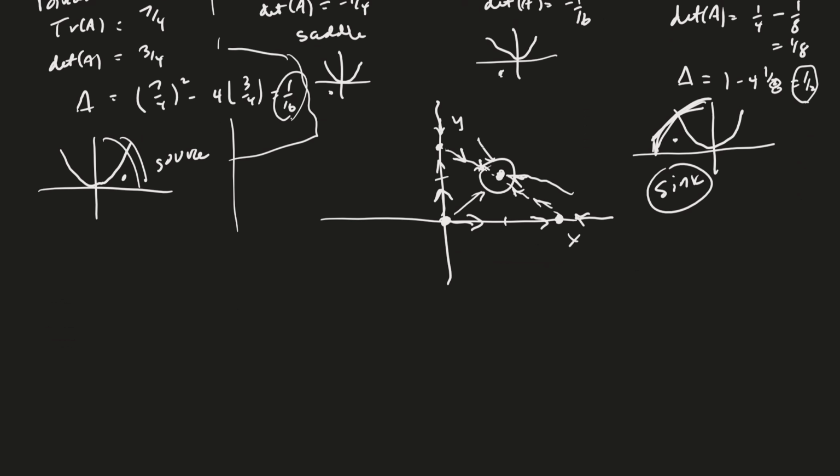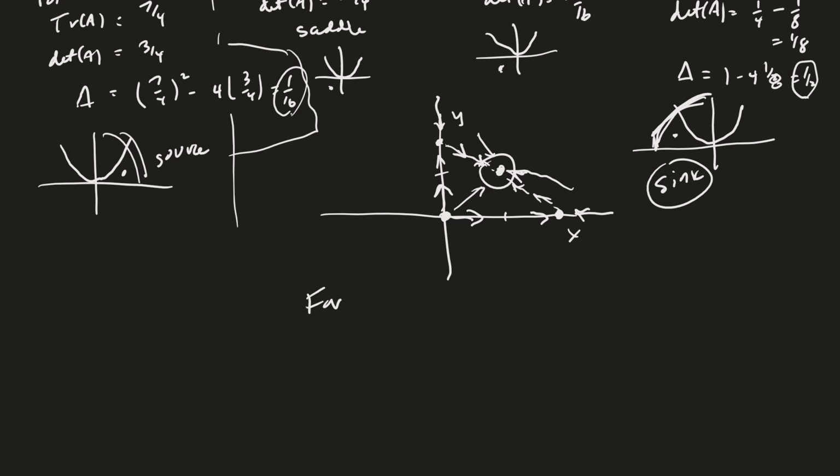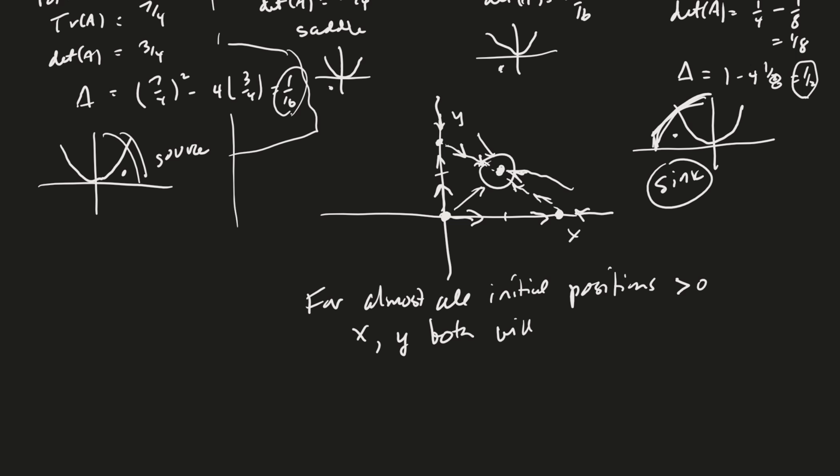What does that mean? For almost all initial starting positions, what happens to the two populations? X and Y both will, let me say for all initial positions greater than 0, right?